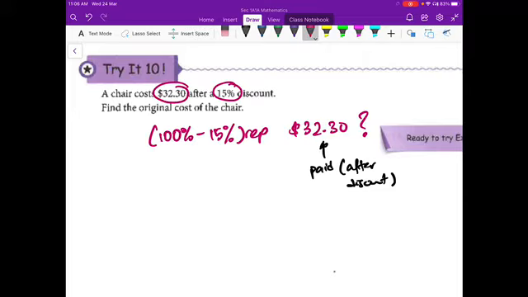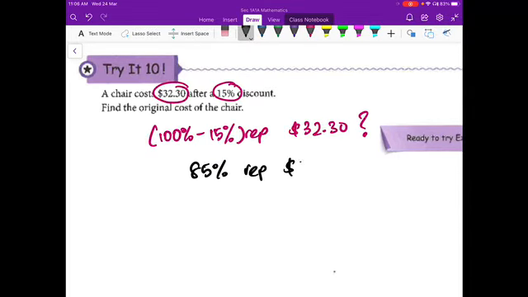This over here is the amount that she should be paying, $32.30. So this is the value to be paid, in percentage terms. How much is 100 minus 15? So 85% represents $32.30.